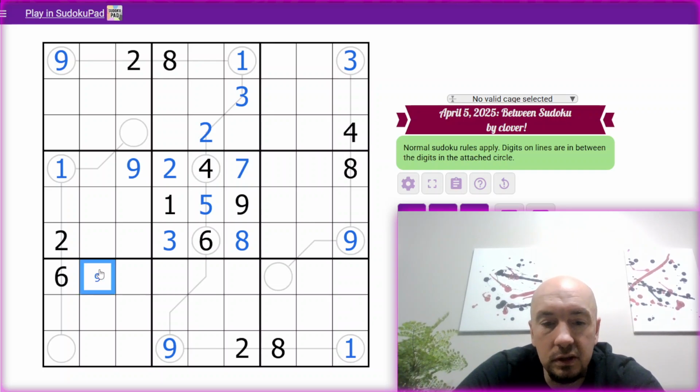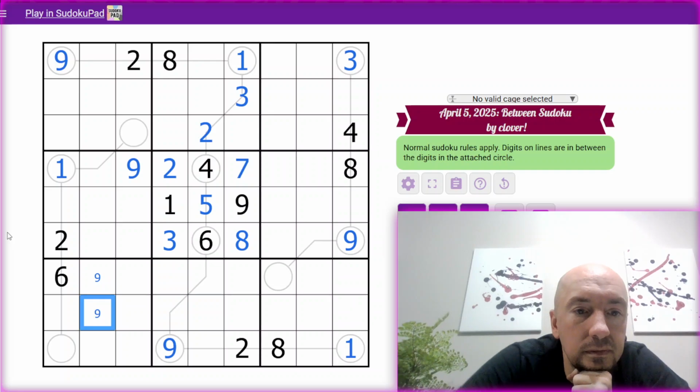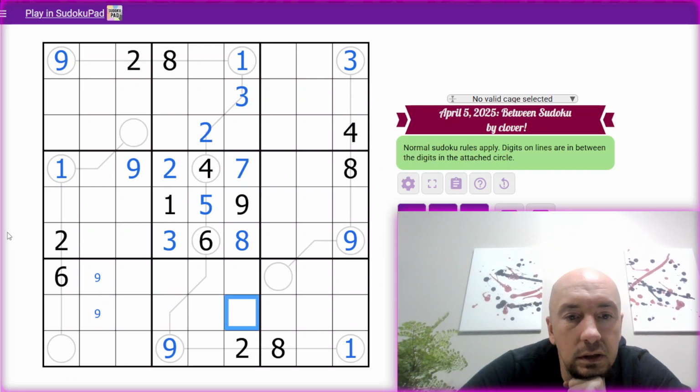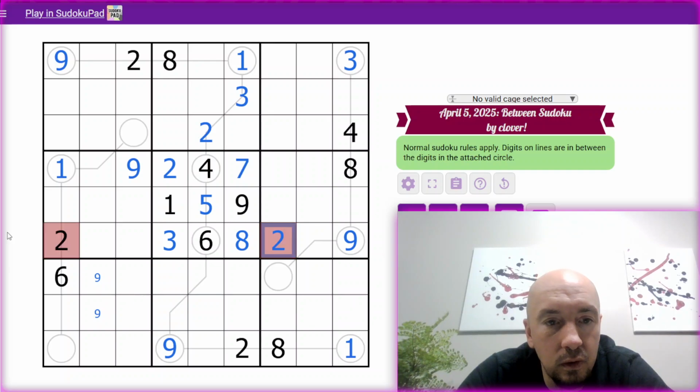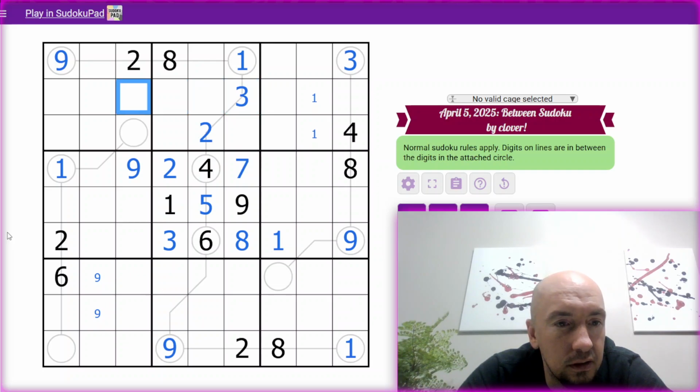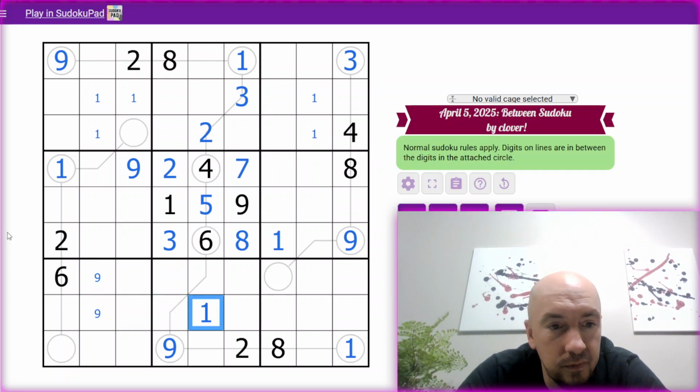So we can pencil mark some 9s here. And then we can place the 1 there, which pencil marks in 1s there, and then 1s here, but it cannot be on that one because what would be in the middle? Nothing. So this is a 1, so we can place the pencil marks for the 1s there.